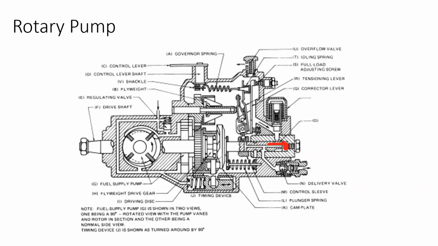Since this cam is rotating, once the fuel is pressurized and it rotates to the correct timing, the fuel will be delivered through the correct outlet up to the injector.